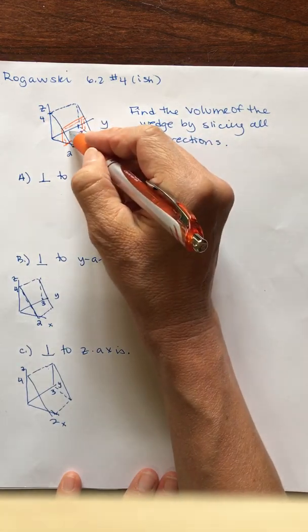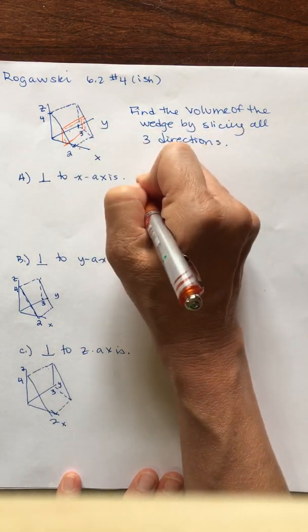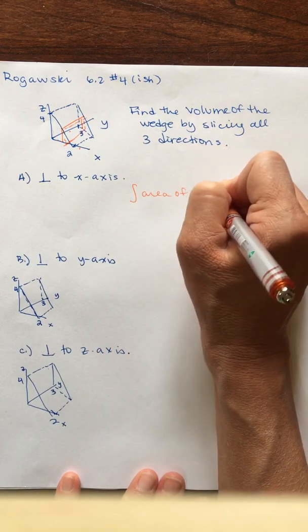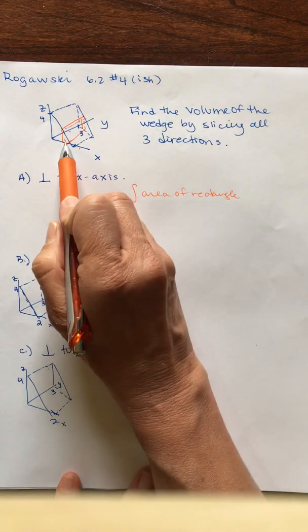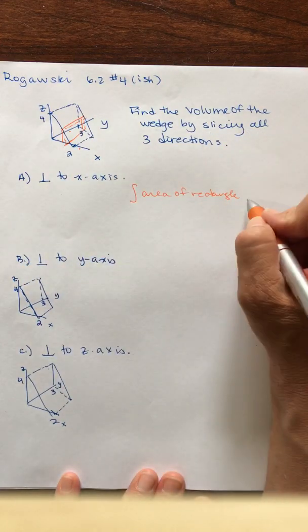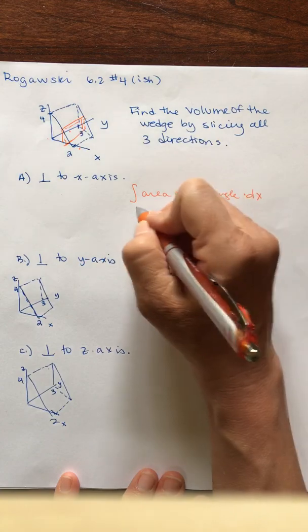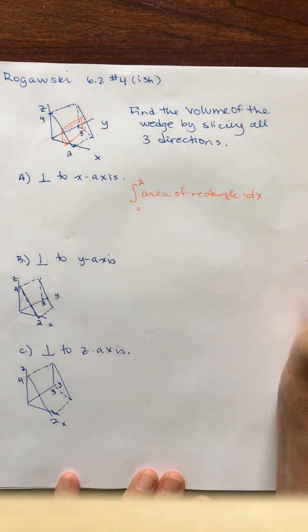So I need the area of the rectangle and then my thickness, that little dx. And my x's go between 0 and 2. So those will be my limits of integration.